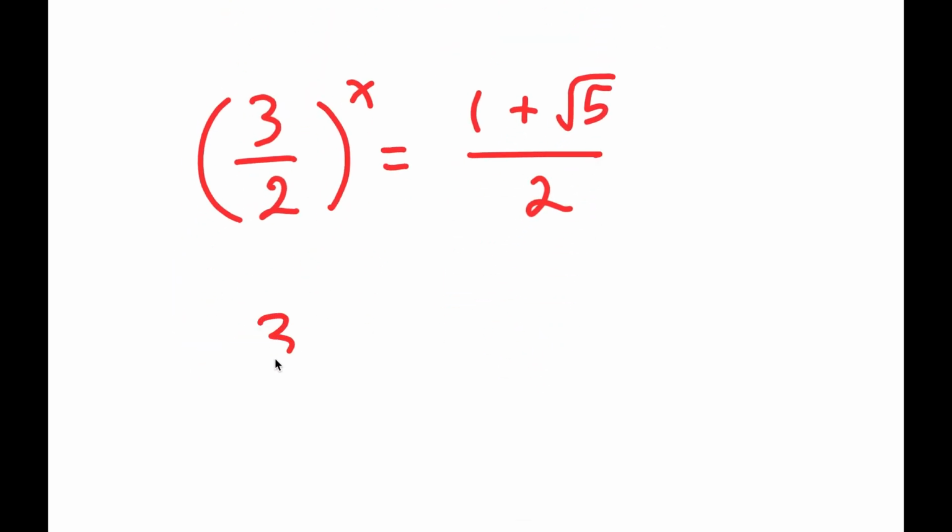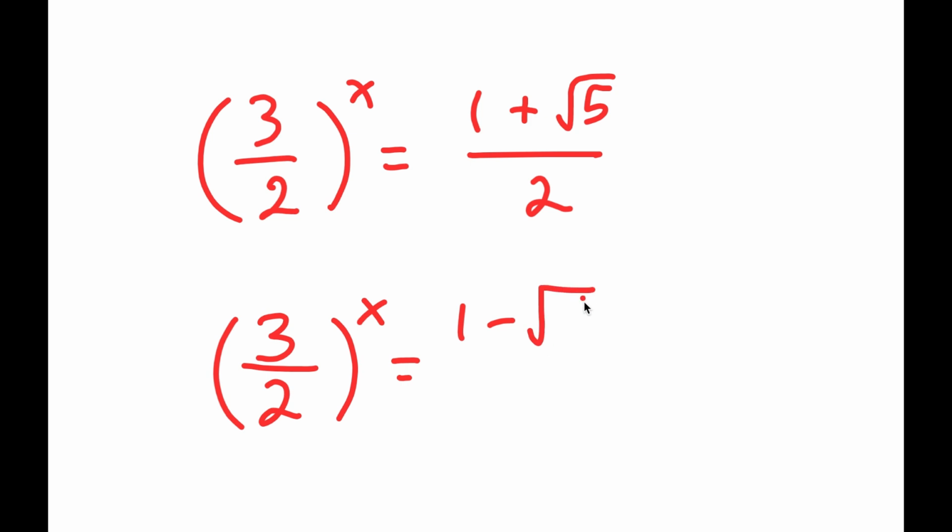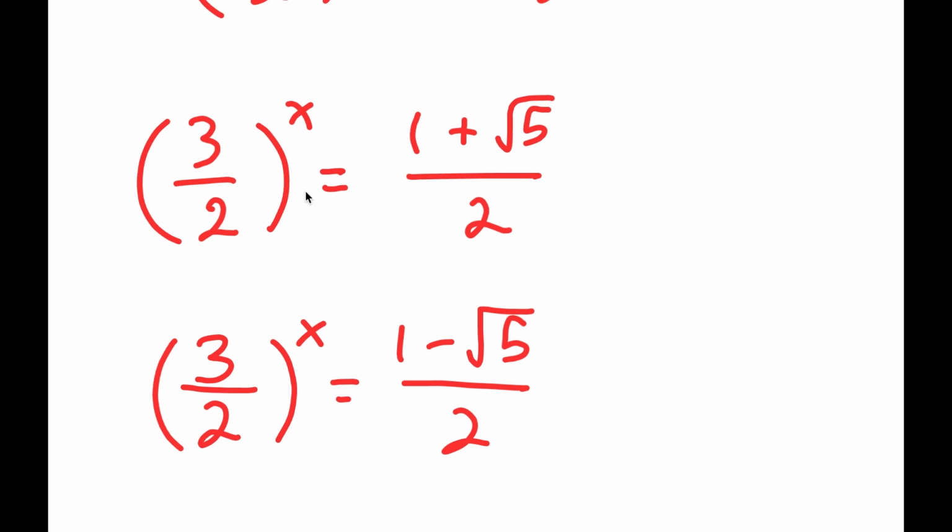And I also get 3 over 2 to the power of x is equal to 1 minus the square root of 5 over 2. So 3 over 2 to the power of x is equal to 1 plus the square root of 5 over 2. We can try solving this first.